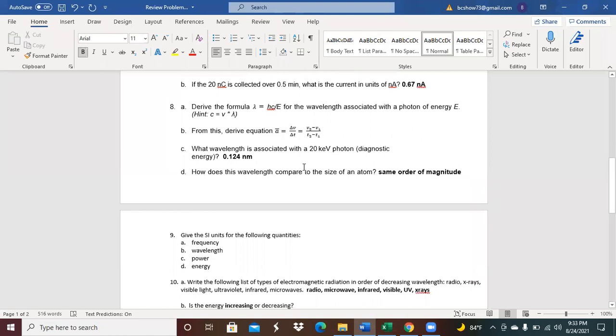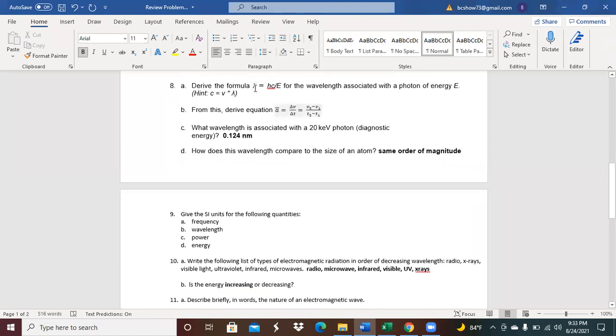All right, part 8. Derive the formula lambda is equal to h, that's a constant, times c divided by E for the wavelength associated with a photon of energy E. So here's a hint.